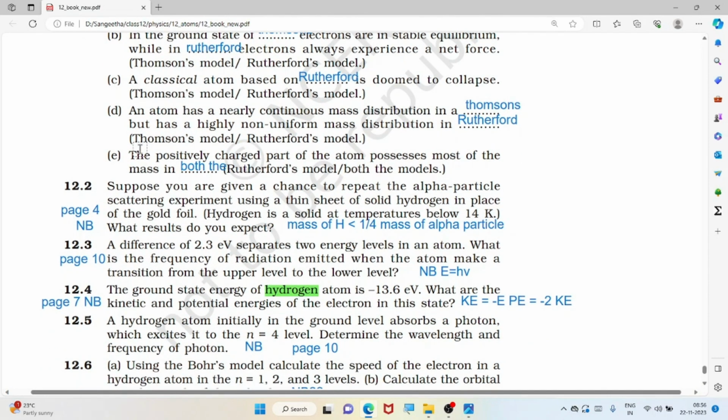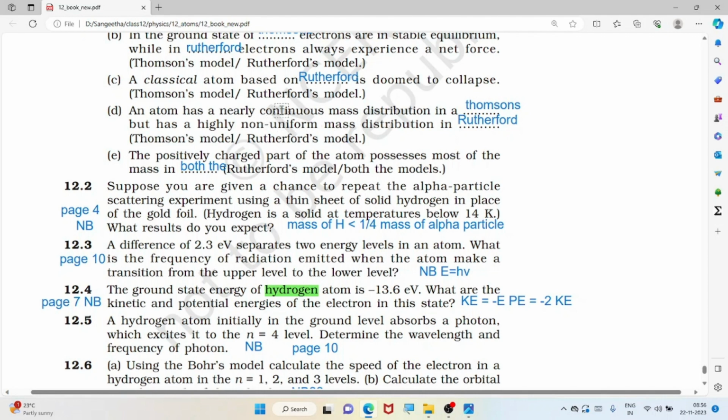An atom has a nearly continuous mass distribution, as per Thomson's model, but a highly non-uniform mass distribution as per Rutherford's model. Rutherford says most of the mass is concentrated at the center of the atom, that is the nucleus. So that is the non-uniform mass distribution.